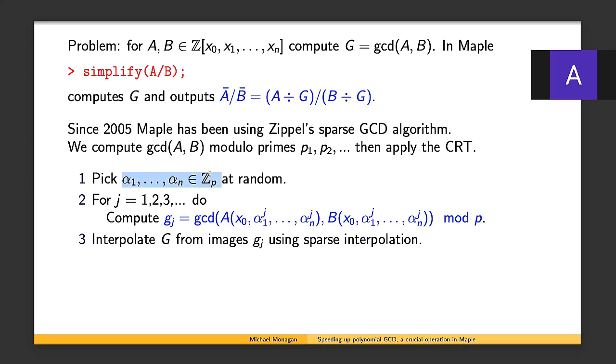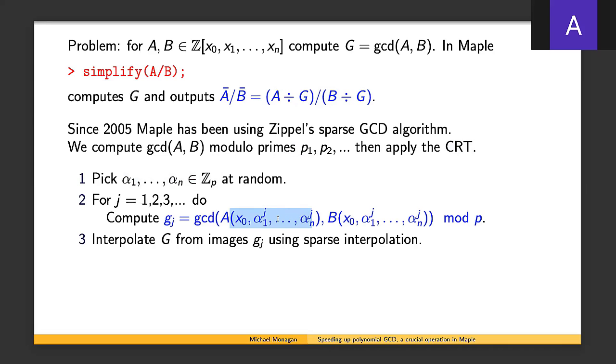They both pick an evaluation point at random, and then they compute images of the GCD. They compute an image, G_j, by evaluating both polynomials at all variables except 1: x1 at alpha 1 to the j, x2 at alpha 2 to the j, etc. Same for B. This leaves you with 2 polynomials in 1 variable.